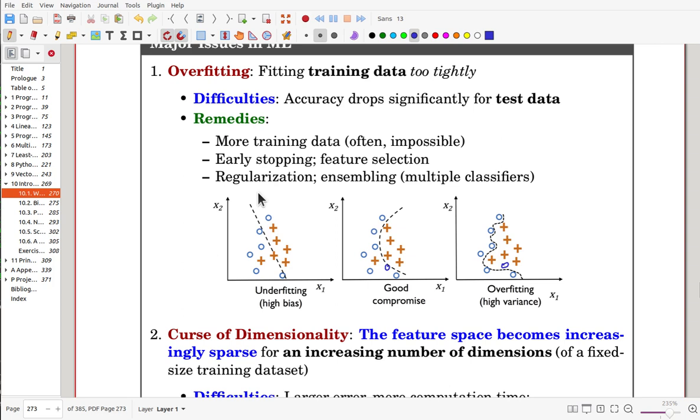Or you may add some regularization term to your objective function, or you may try to use multiple classifiers, and the outputs can be used to get a majority vote. These are remedies, but overfitting yet happens quite frequently.